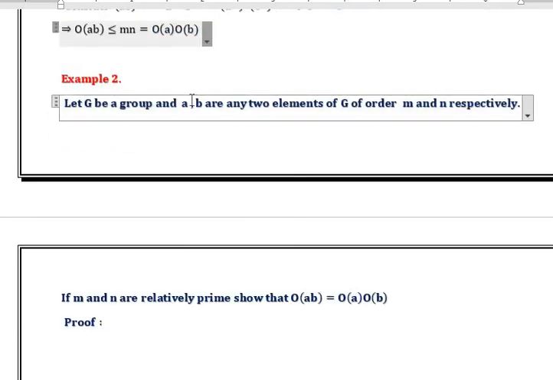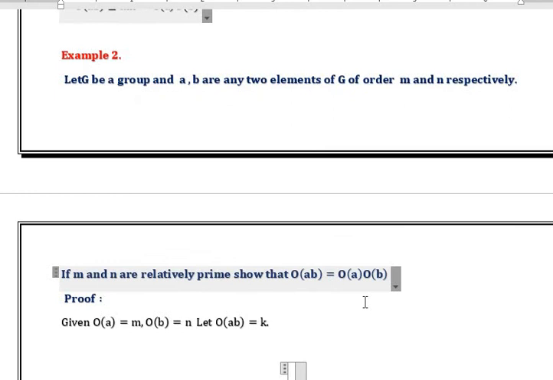Let G be a group and A, B are any two elements of G of order m and n respectively. If m and n are relatively prime, show that order of AB is equal to order of A into order of B. So given order of A is equal to m and order of B is equal to n. Now let order of AB be equal to k.